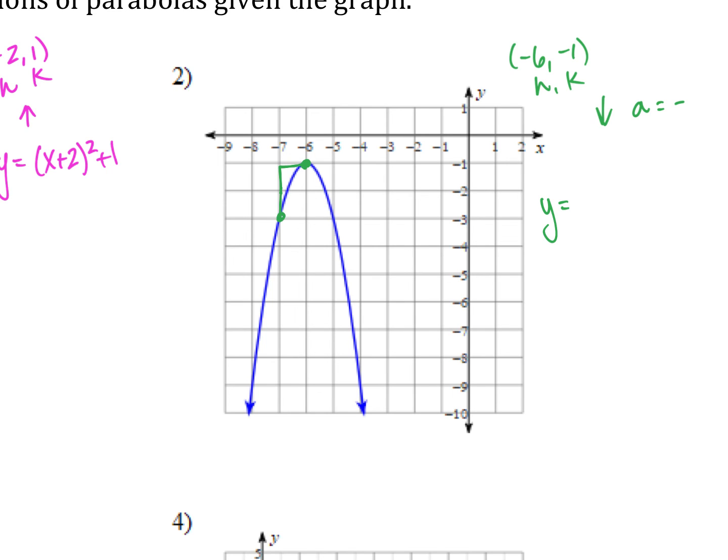Oh, down 2 this time. 1, 2. Over 1, down 1, 2, 3, 4, 5, 6. So that must mean that instead of doing a 1, 3, 5, we're a 2, 6, 10. So we are going to have it be a -2, and then it's going to be x plus 6, quantity squared, minus 1.